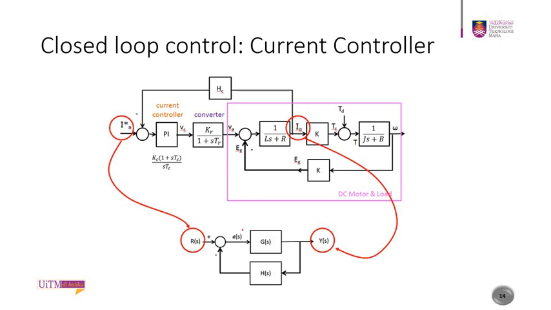You have the basic forward, GS and HS, so the input and output. For a current controller, input will be I*A, and this will be the output. So we will try to rearrange the current controller in this way.